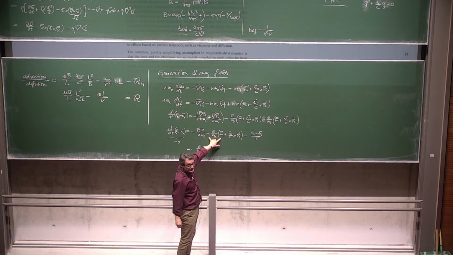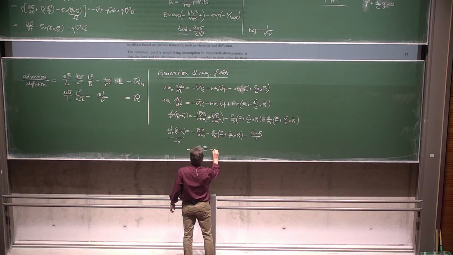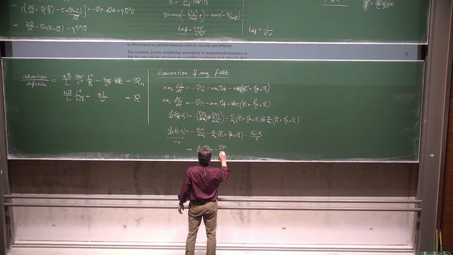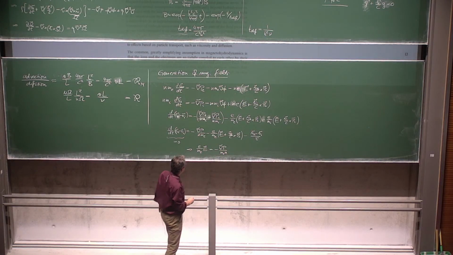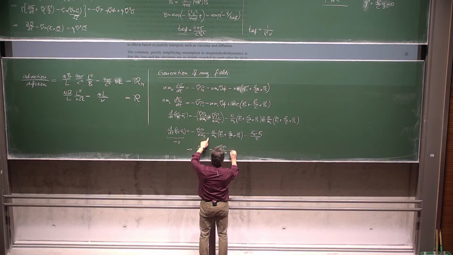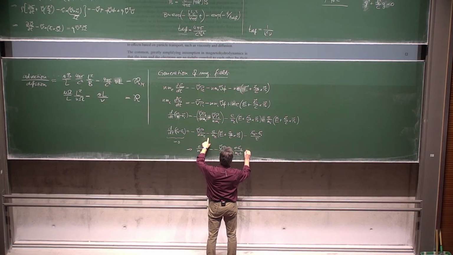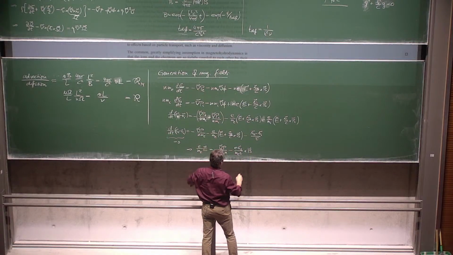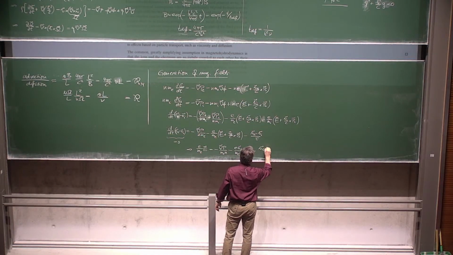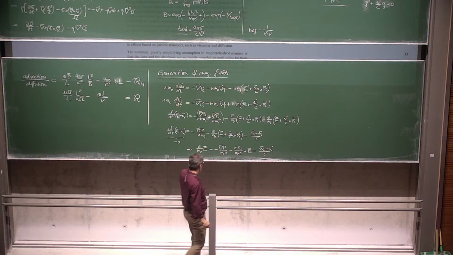I'm bringing this term on the other side. This is minus the gradient of P divided by n m_e. This is minus e times v_e divided by m_e c cross B. And this is minus v_e minus v_i divided by tau.